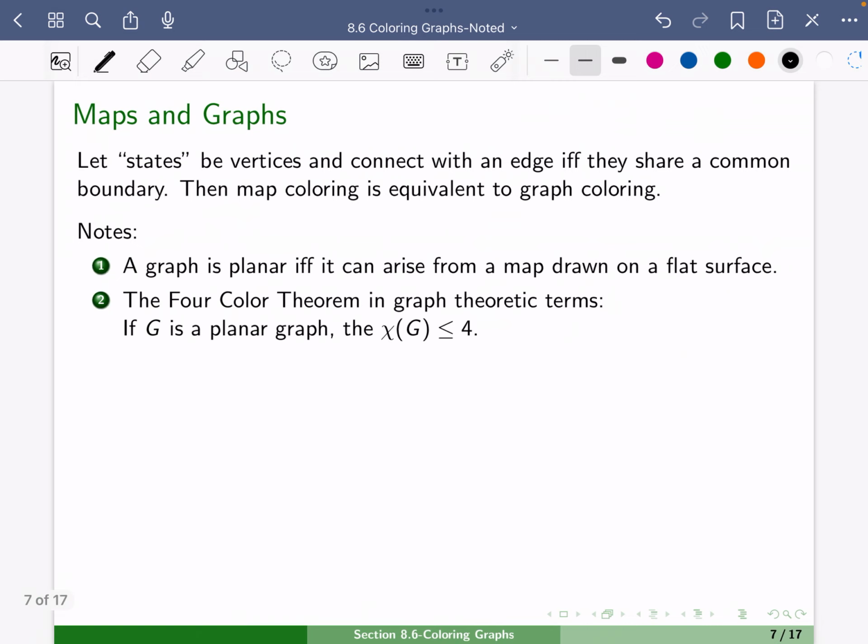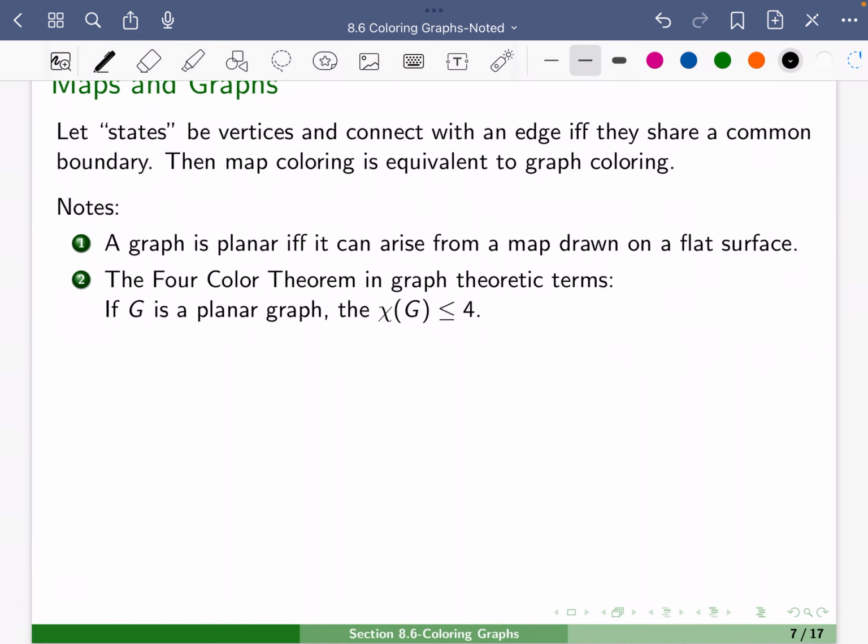If we were to think about states being vertices connected by an edge if they share a common boundary, then the map coloring is equivalent to the graph coloring. So if we were to look at that map of the U.S., we could take some of those states.